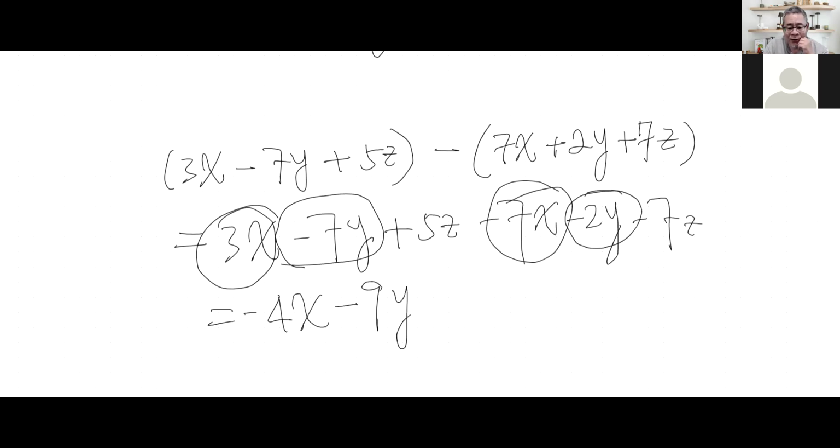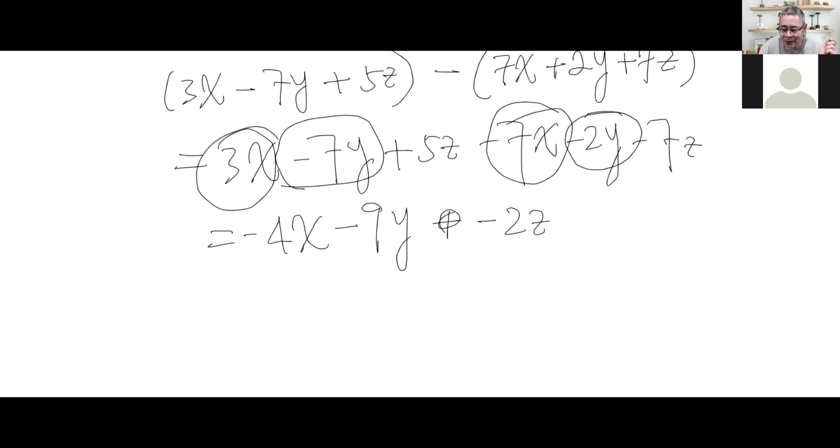Then you got the z correct. 5z minus 7z will be negative 2z. Good? So you can just practice. While you have homework, you can do the practice on that.